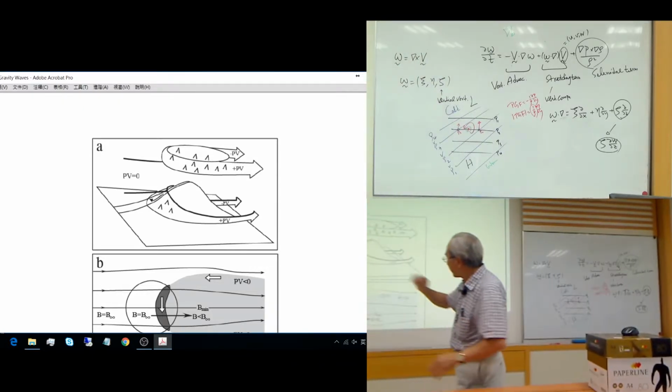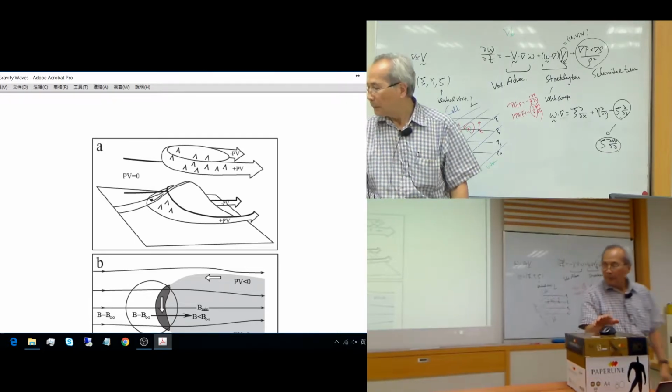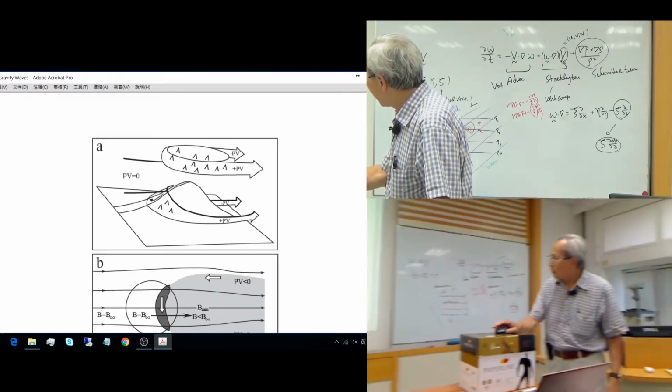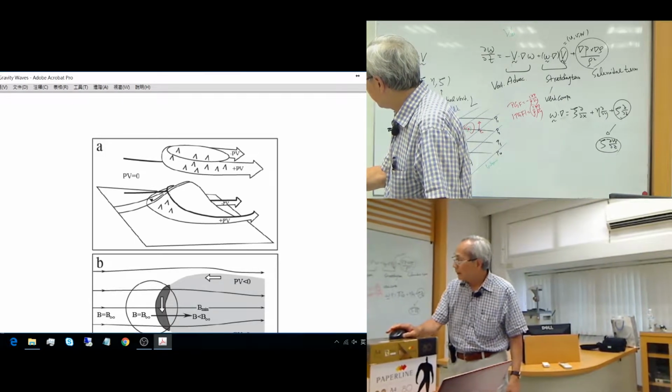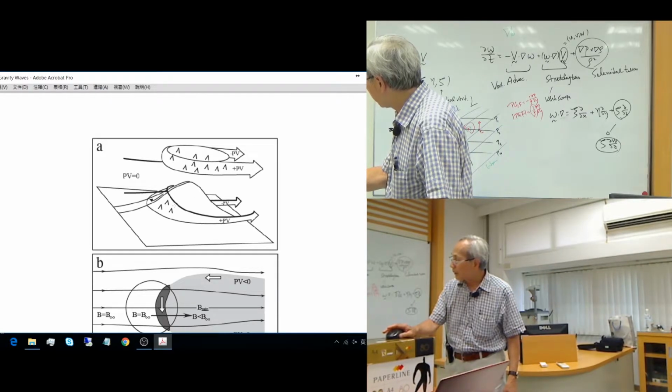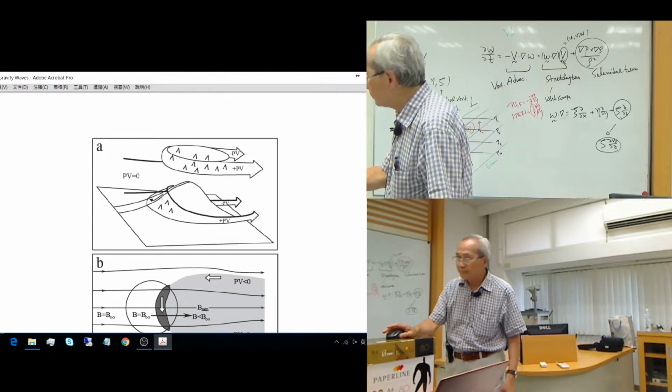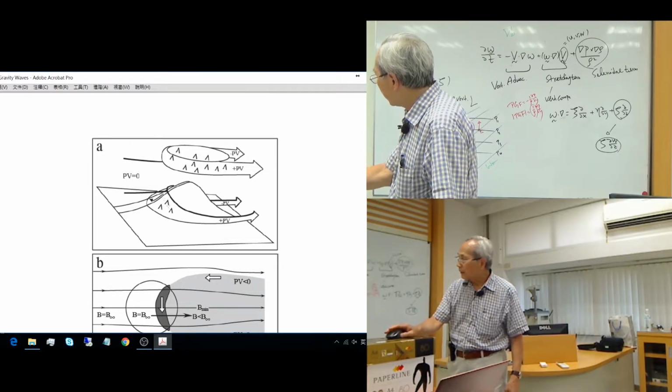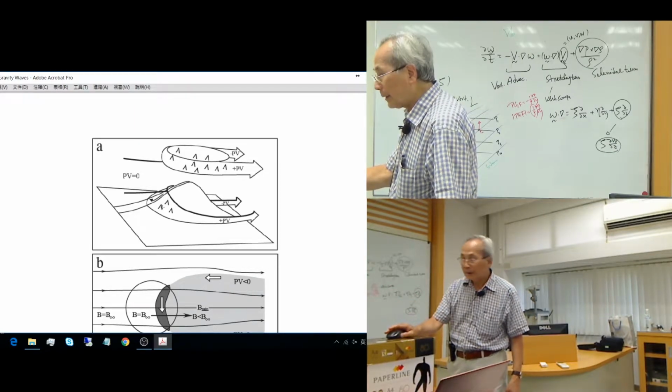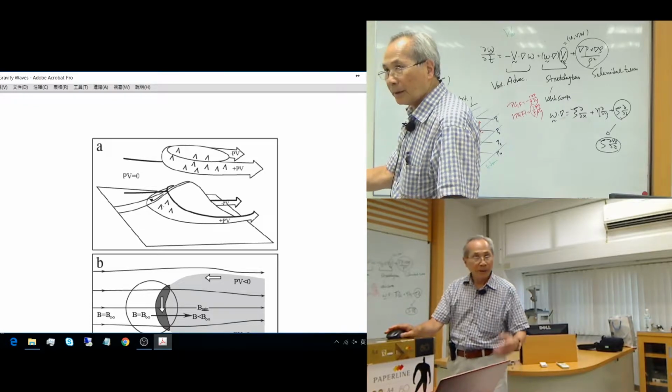So here, his argument is when your flow comes in, and this is a low Froude number flow coming in, and then it is blocked by the mountain, then you have overturning, and then here turbulence is generated.